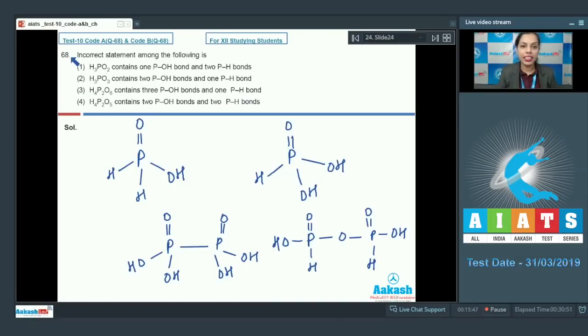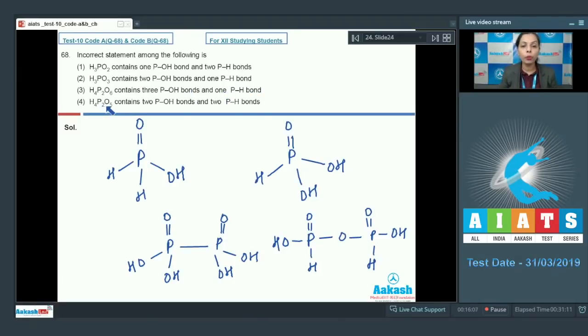Now question number 68. Incorrect statement among the following is: H3PO2 contains 1 POH bond and 2 PH bonds. Further, H3PO3 contains 2 POH bonds and 1 PH bond. H4P2O6 contains 3 POH bonds and 1 PH bond.